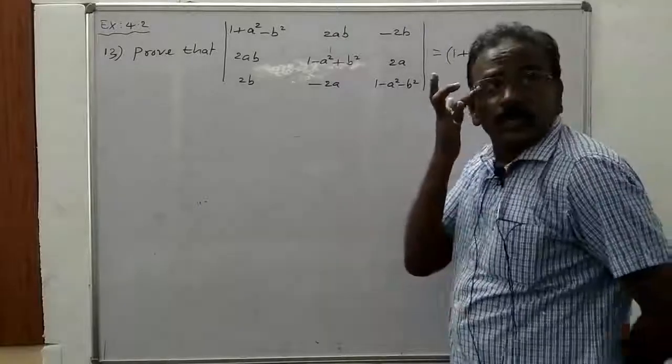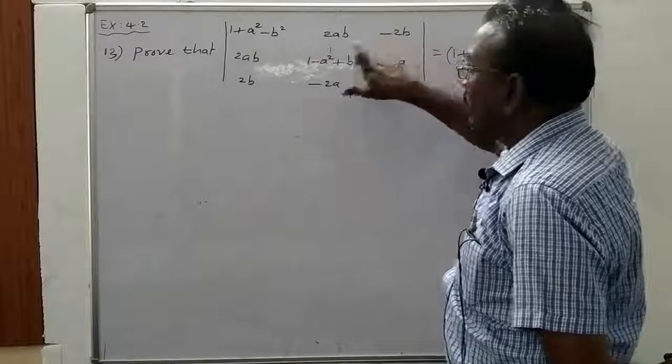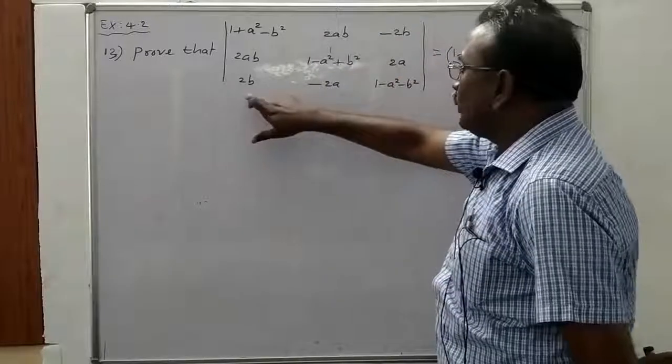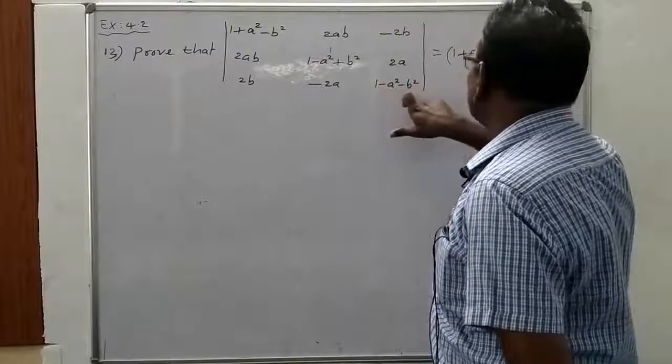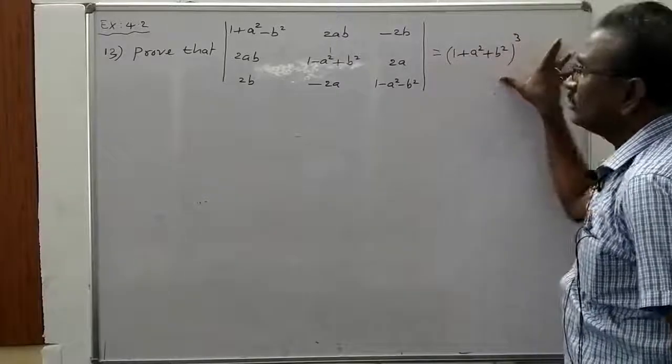Here prove that the determinant is equal to (1 plus a square plus b square) whole cube.